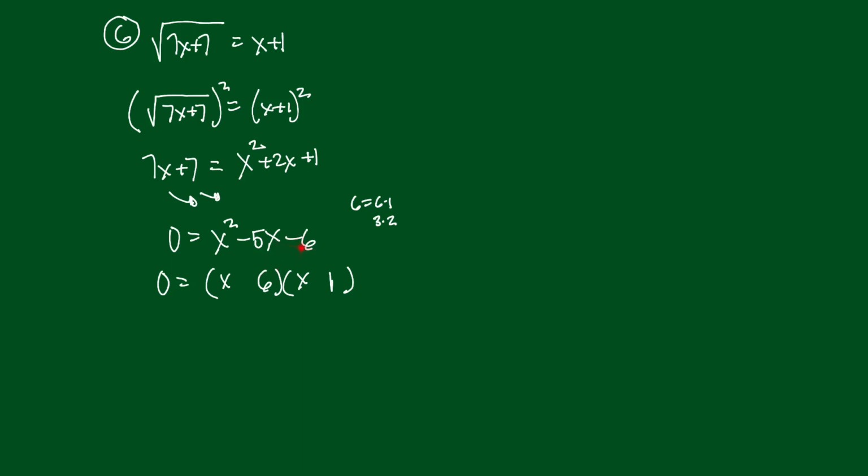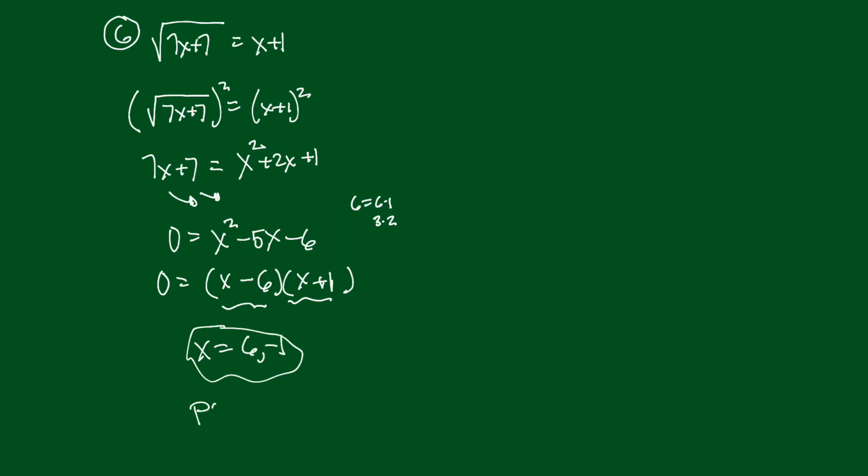These have to have opposite signs. And I'm going to put that middle negative sign with the bigger product. The way I wrote it, the inner product is 6x, that's bigger than the outer product, 1x. So I'm going to put this negative sign right here with that 6. So negative 6 plus 1, negative 5. Now from here and here I can read off the solution. X is equal to 6 and negative 1.